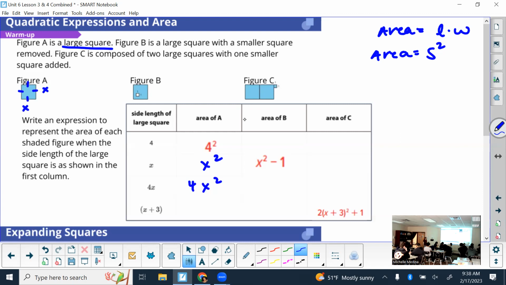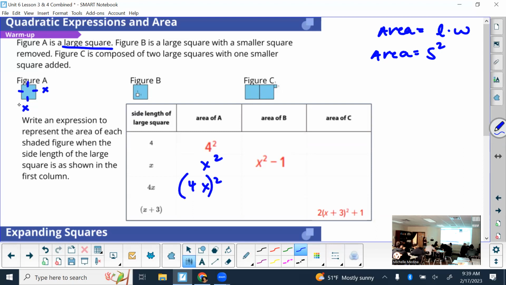Who thinks no? Okay, so how can I make this better? What do you think? Well, you do need the square, Landon, parentheses around just the x, or 4x. Okay, so parentheses around the 4x.